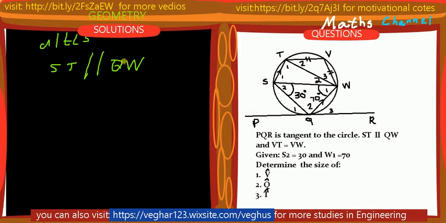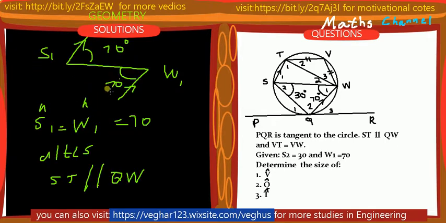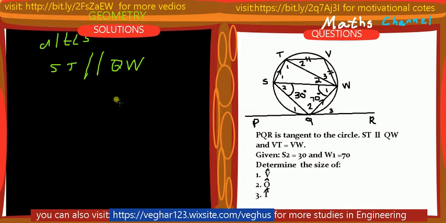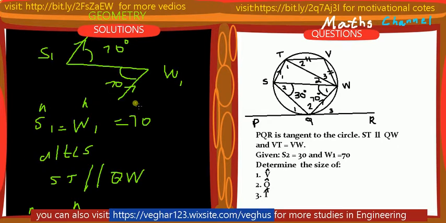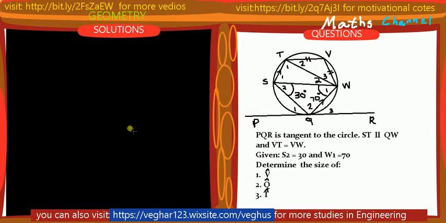If they are parallel, we are able to apply the alternating angle because they are equal in angles. So we know by the circle quad that, and then here it's 70.